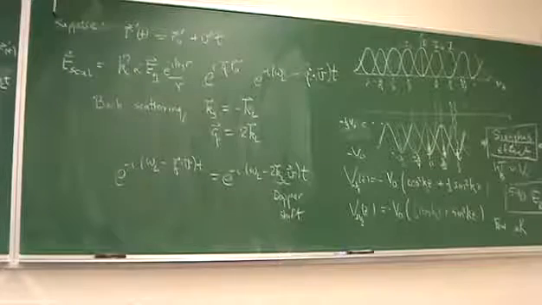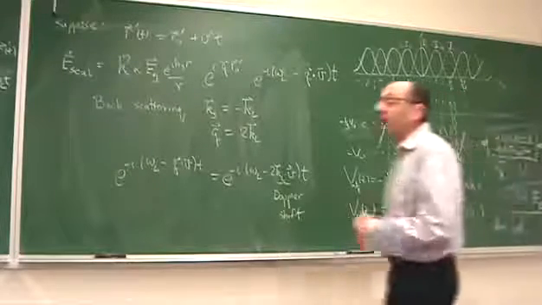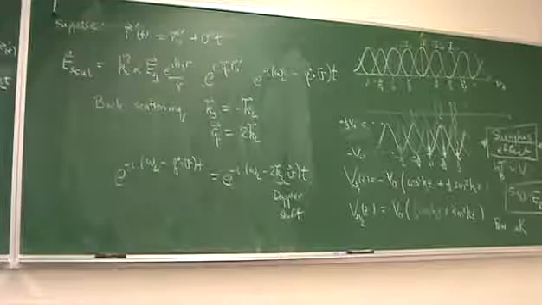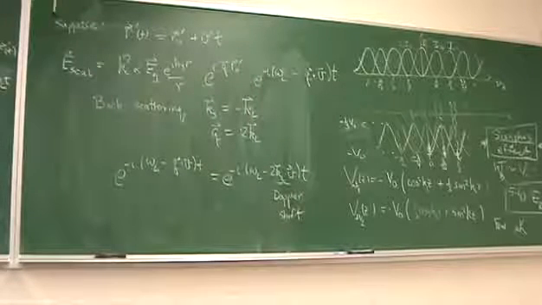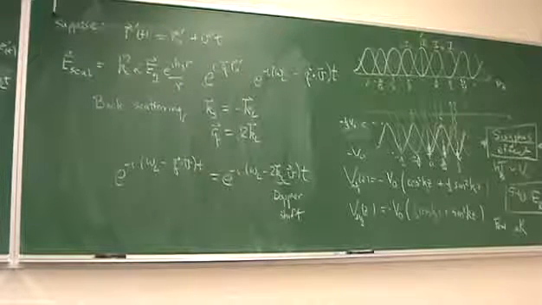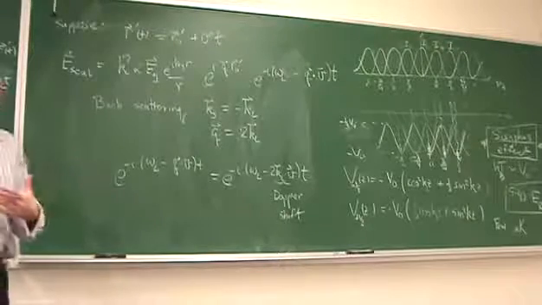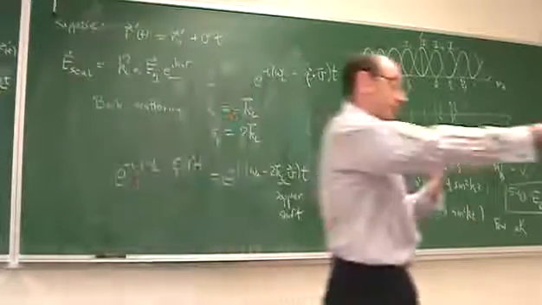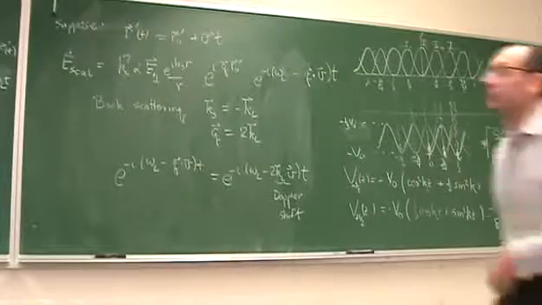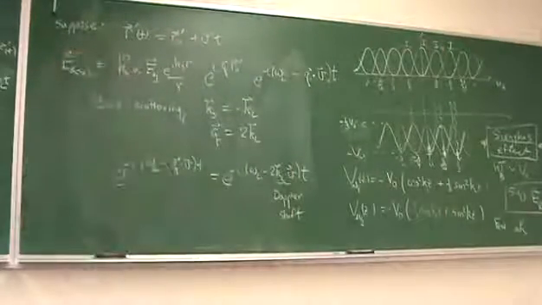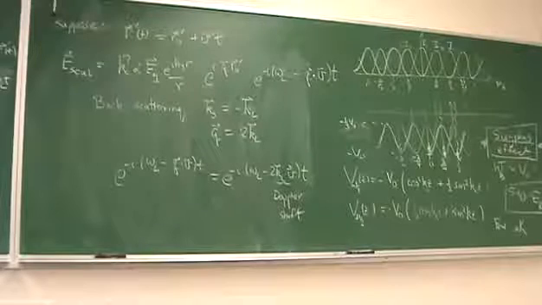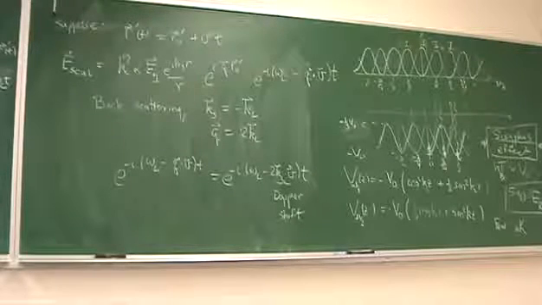So, if I have an ensemble of atoms, a gas of atoms, at some thermal temperature, with some distribution of velocities, and I look at the light backscattered from the incident field, I put my detector at some small angle backwards relative to this, and I put it on a spectrometer.